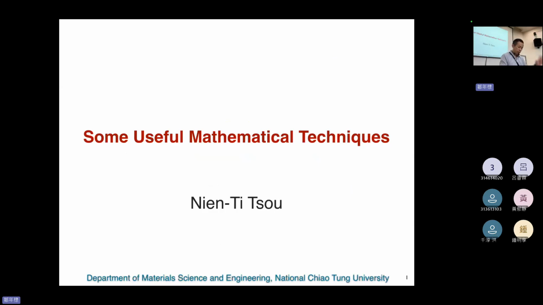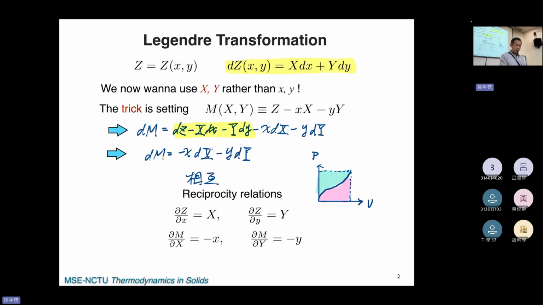to PDF 3. In the beginning we talked about some useful mathematical techniques, just like PDF 2, right? And you will notice that all these techniques and tools will help us to find some knowledge deep inside.